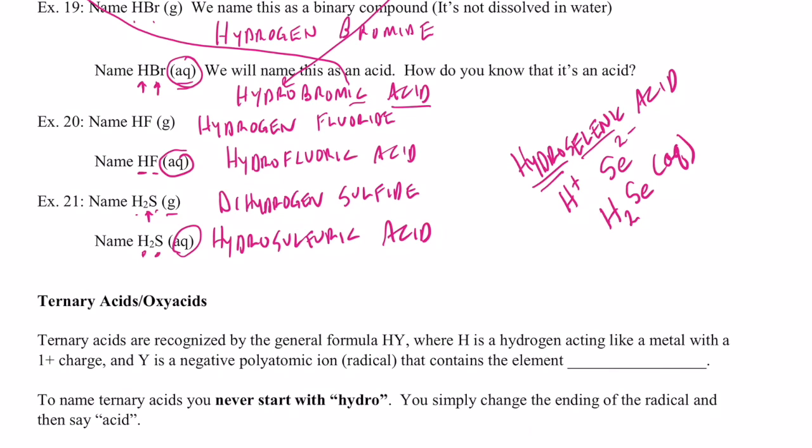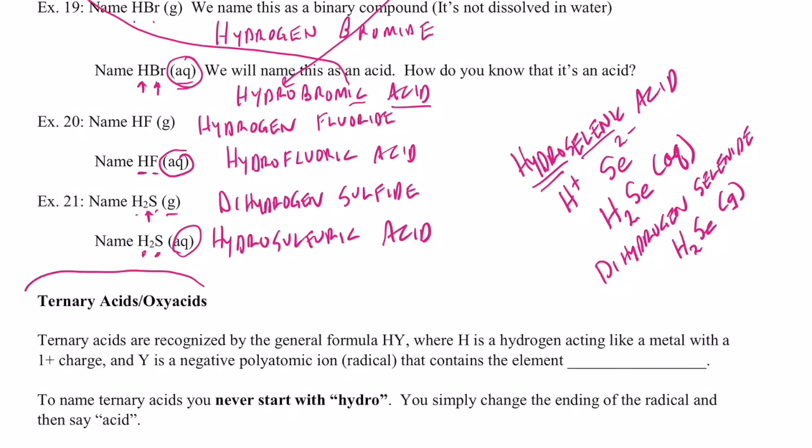Now, if I were to name it as the pure compound, I would say dihydrogen selenide, once again following my covalent naming system, H2Se gas. Okay? All right.